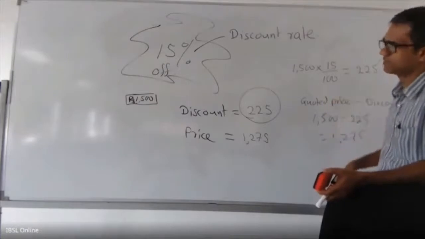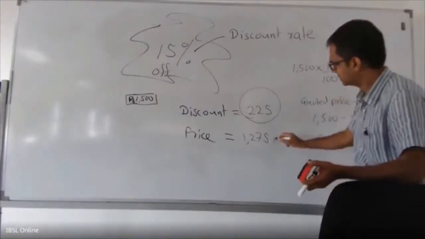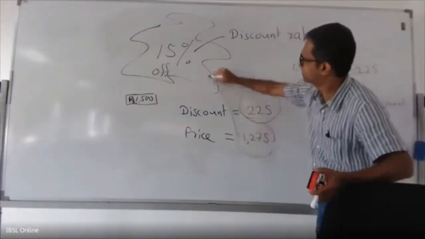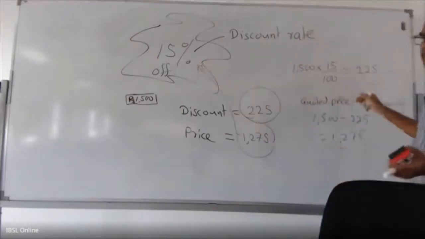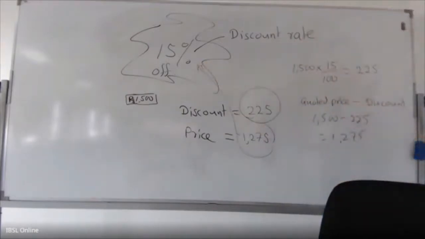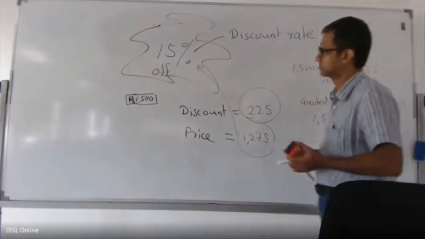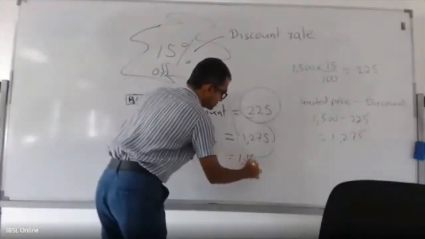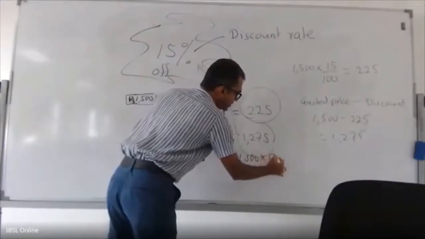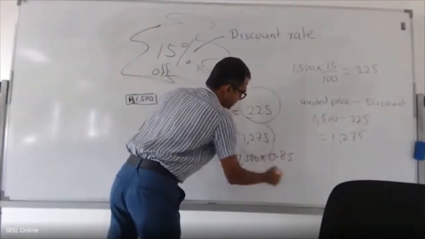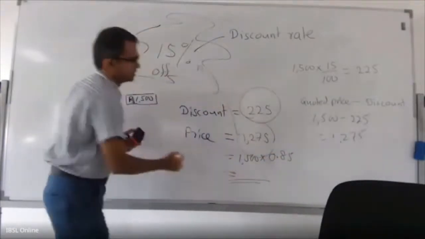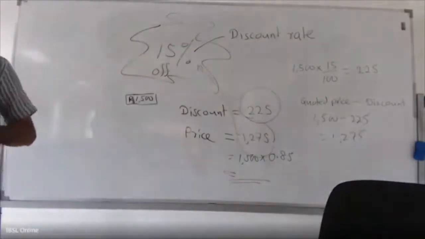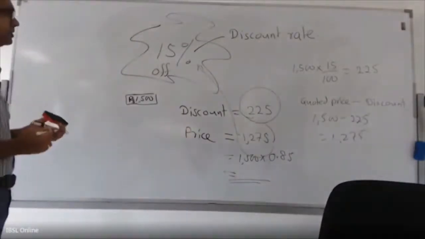Is there any way to calculate this price straight away from this 15% without calculating the discount and deducting it? 1,500 into 85%. Yes. This can be done by 1,500 multiplied by 0.85. You should get the same answer. So what does it mean?